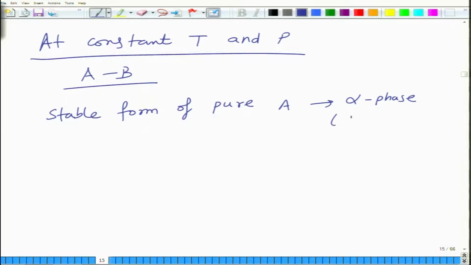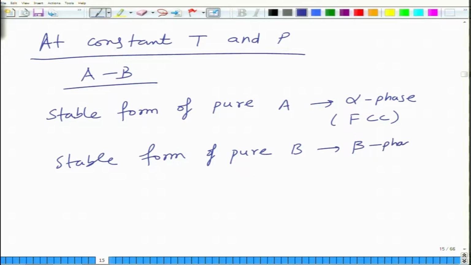They assume a structure which is FCC, whereas the stable form of pure B, as well as the terminal solid solution beta, which is the B rich phase, will assume a crystal structure which is BCC in nature. And then we will look at how the free energy versus composition plots of these two components and phases look like, and what happens to free energies of A and B when they are at pure A and pure B, and when the composition is changed on the respective side, A to B or B to A.